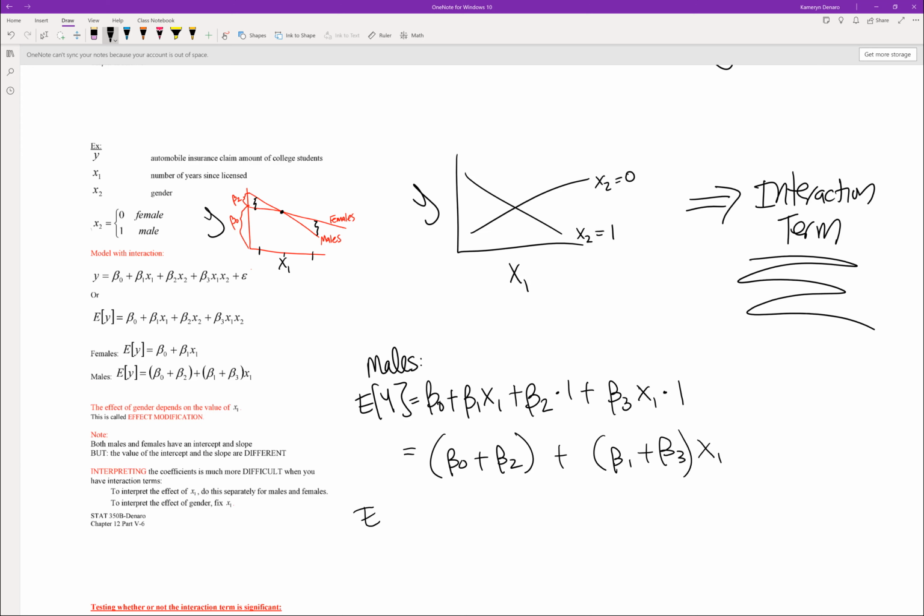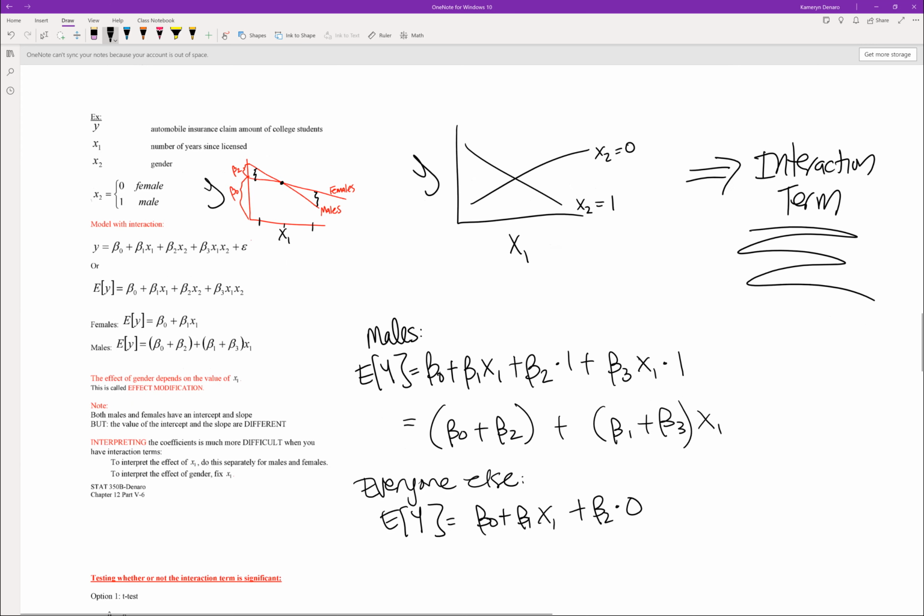For everyone else, the expected value of Y is beta 0 plus beta 1 X1 plus beta 2 times 0, because now the indicator value is that you are not male or you declined to state, plus beta 3 X1 times 0. When I rearrange this, I get beta 0 plus beta 1 X1.